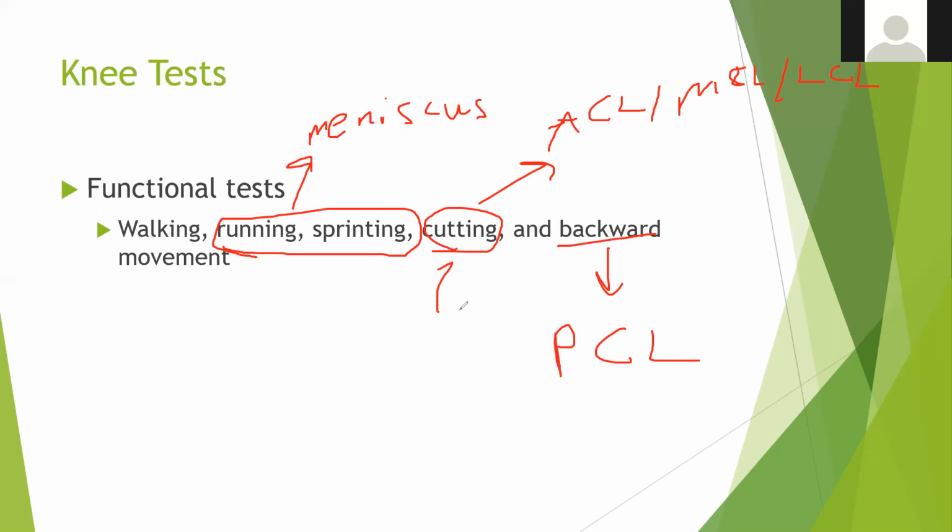The cutting and backward movement tests are going to be considered positive, or they're going to suggest you have an injury, if you have instability or if you have pain. So that means if you try to cut and you feel like you just can't do it, that would be a sign of instability, or more likely than not, you would have pain.